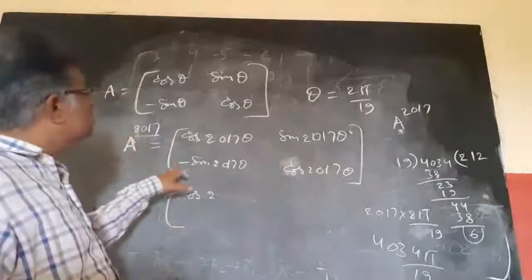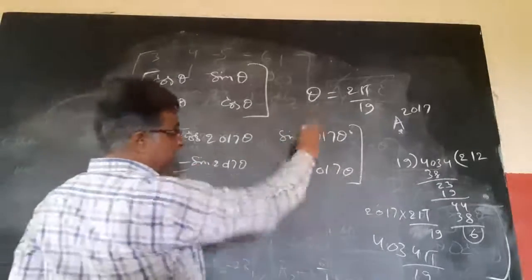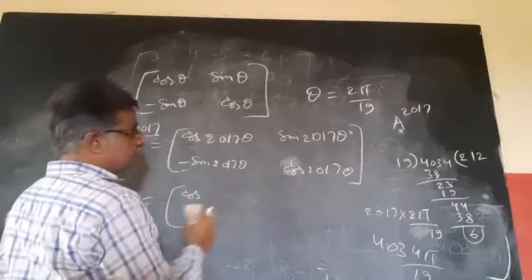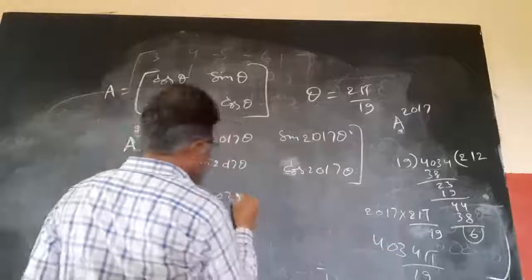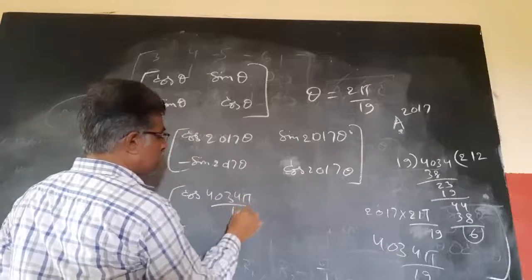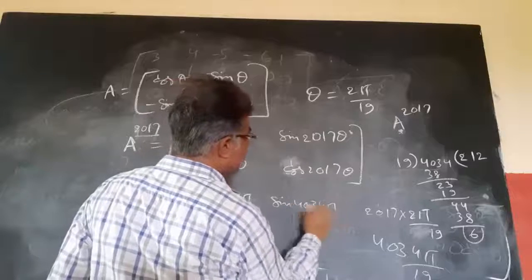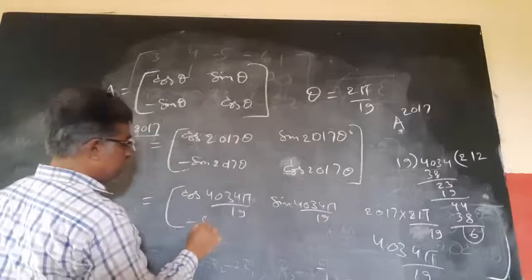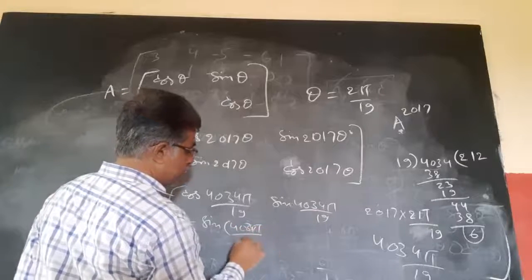Now this is 2017 theta, and theta is nothing but 2 pi by 19. So 2017 into 2 pi, how much? 4034 pi by 19. Like this is sin of 4034 pi by 19.